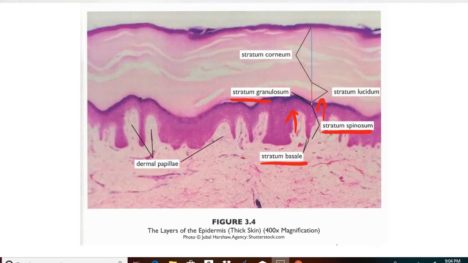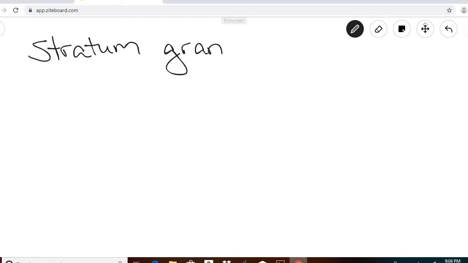So then the third layer, as we go closer to the surface, is called the stratum granulosum. It is in this layer that the cells begin to die.